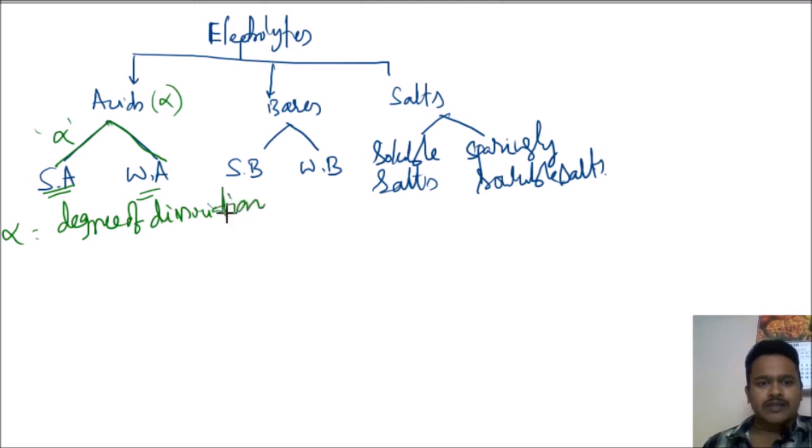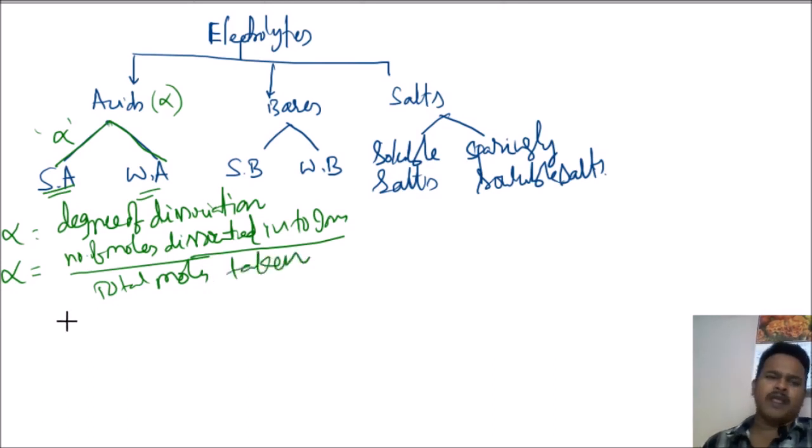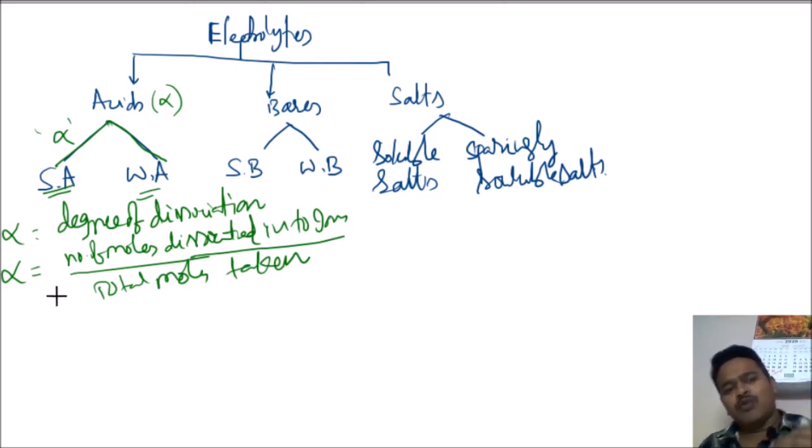Degree of dissociation means the number of moles dissociated into ions divided by the total moles taken. That is, up to what extent they are converting into ions.